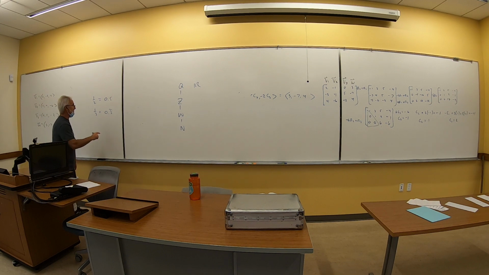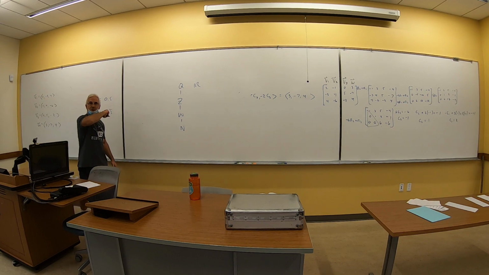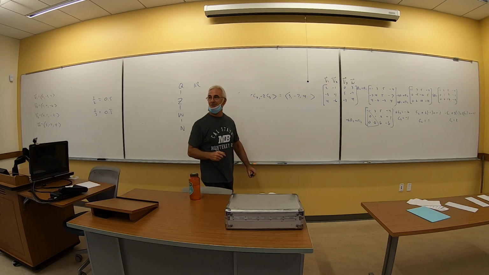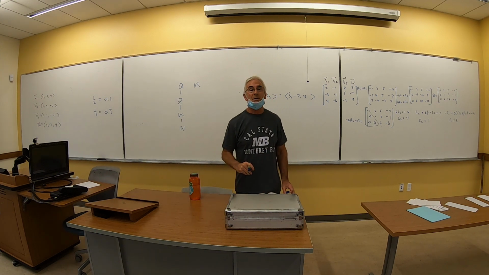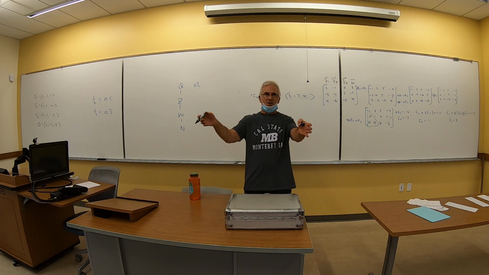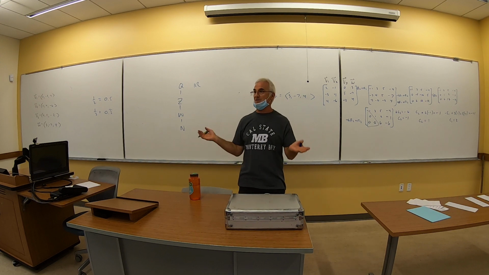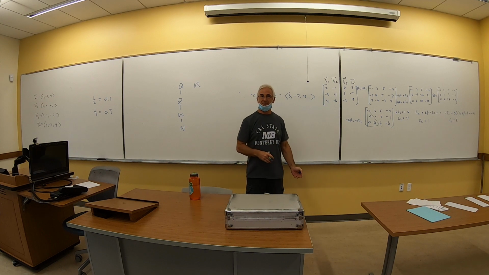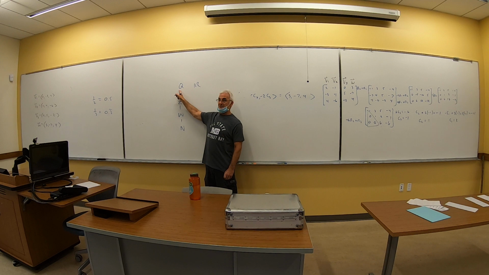If you give me any number and you tell me its repeating pattern, in Calc 2, I remind you, we did that with geometric series. You can actually tell me what that is. But if I gave you the decimal sequence and I said, well, it's an infinite non-repeating decimal, it's rounded off to here, it's not possible to say where it came from. So that's kind of icky. So every decimal representation is one of these.